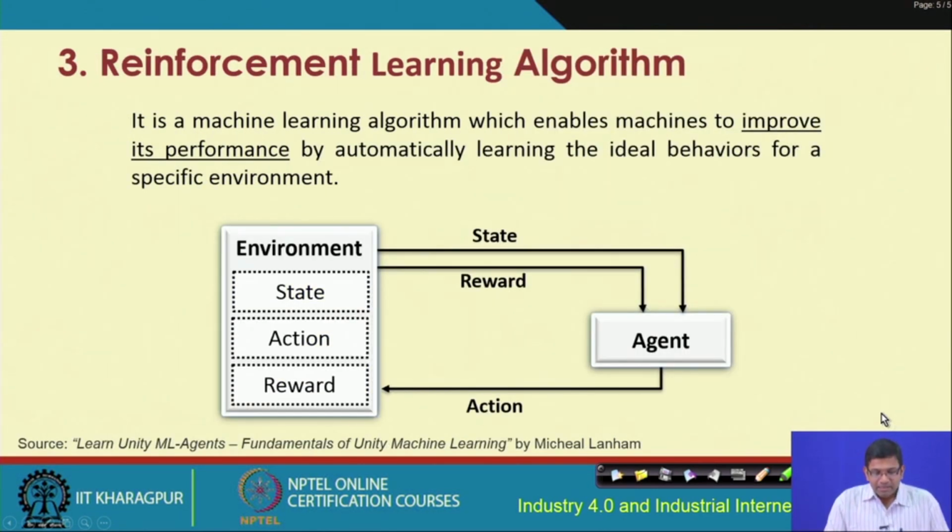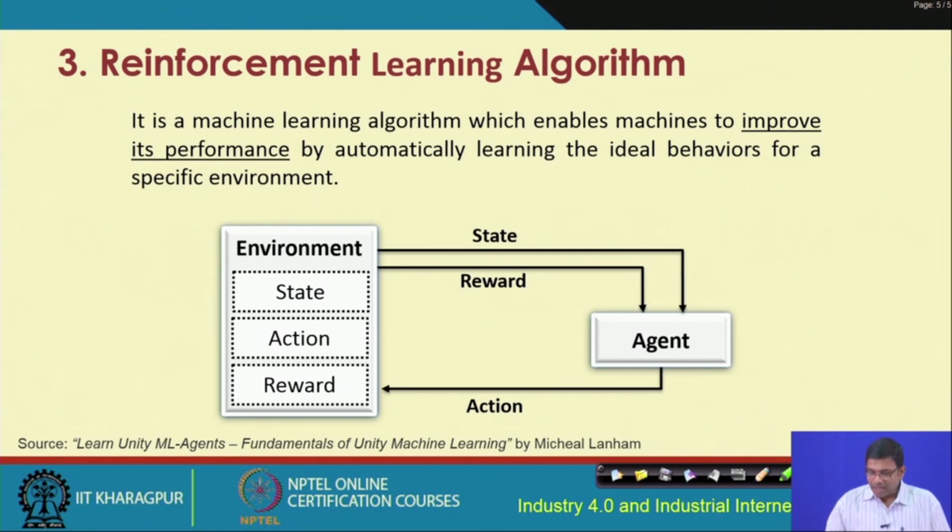The third category is reinforcement learning. It is a machine learning algorithm which enables machines to improve their performance by automatically learning the ideal behaviors for a specific environment.